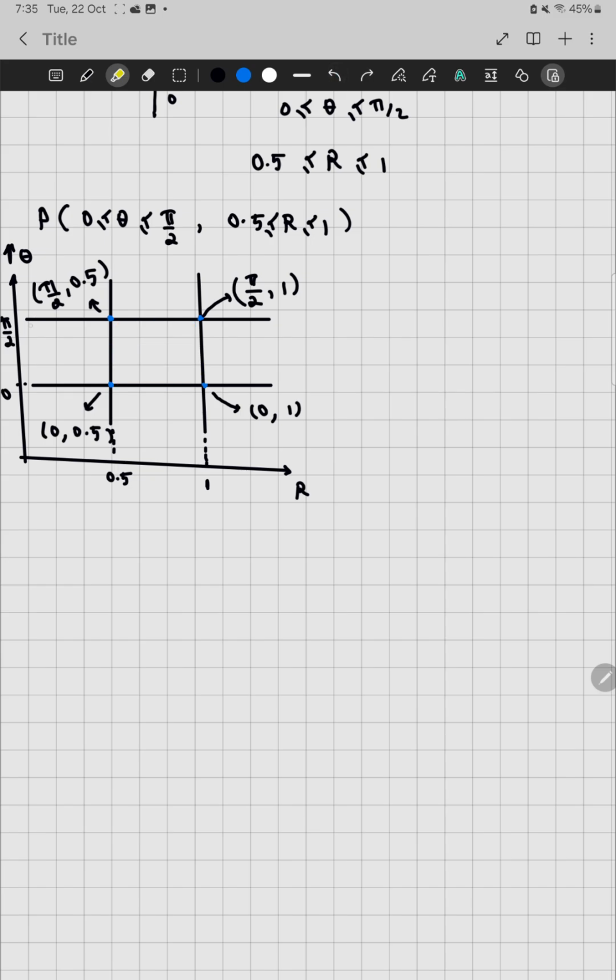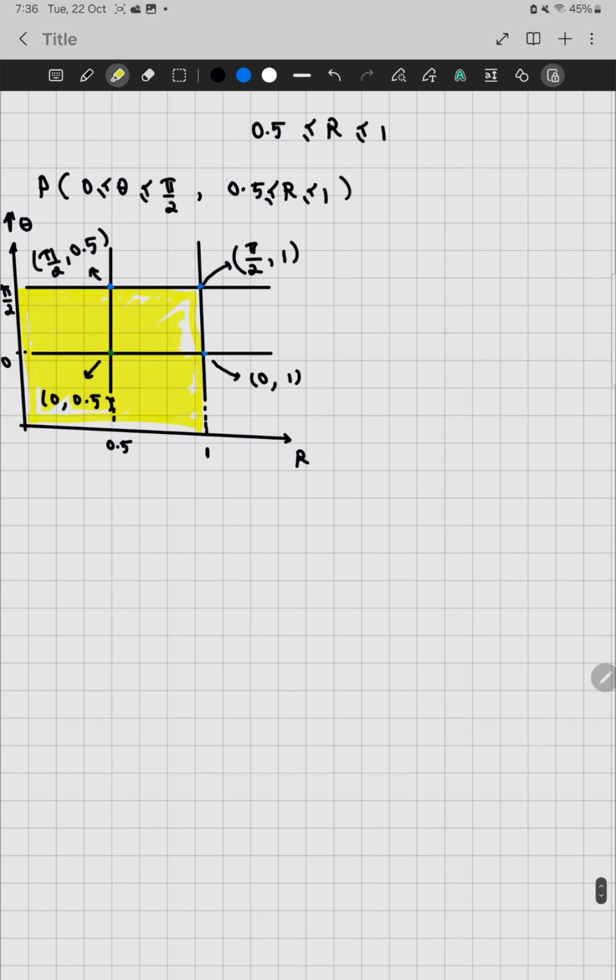First of all, what do we take? We take the entire box. After we take the entire box, we will remove this part. Then we remove this part. So the only thing remaining is this.